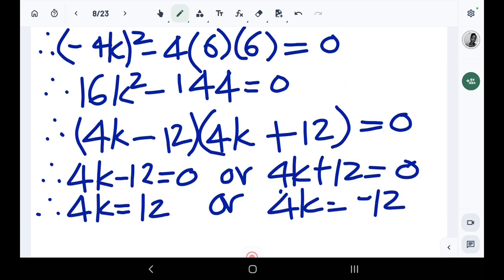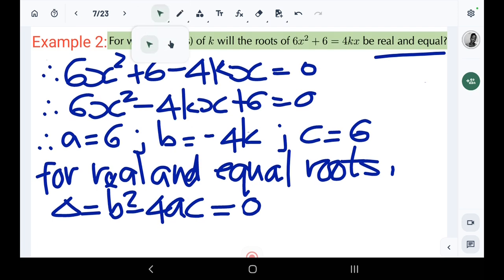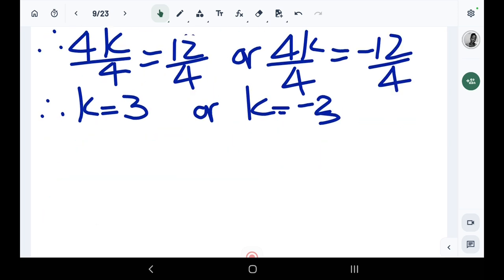The question was, always go back to the question to verify what you're answering. For which values of k will the roots of 6x squared plus 6 equals 4kx be real and equal? All right, now let's answer.